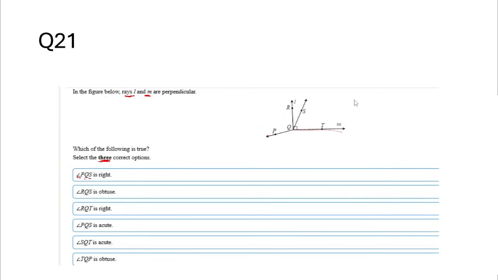No. Let's remind ourselves about angles. This is a right angle. This is a right angle. This is an acute angle.